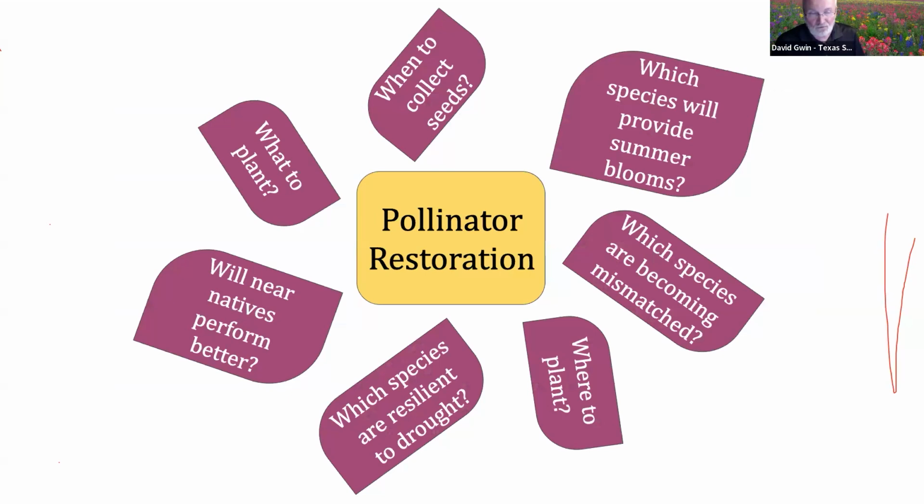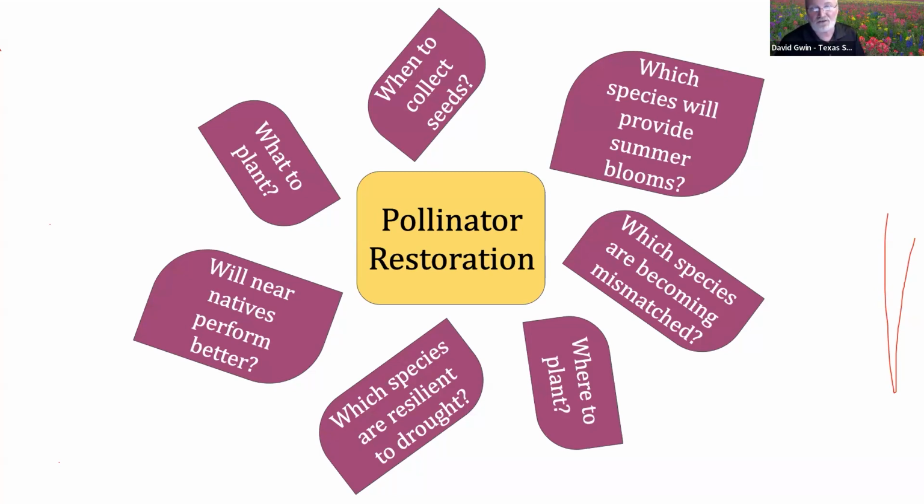There are a ton of questions that are important and really of concern to any number of entities, individuals, and governmental entities that are involved in pollinator restoration that they would like to have answered. And we can't propose with this project to answer all of them, but I would draw your attention to the question there, probably on the right part of your screen, that says which species are becoming mismatched.